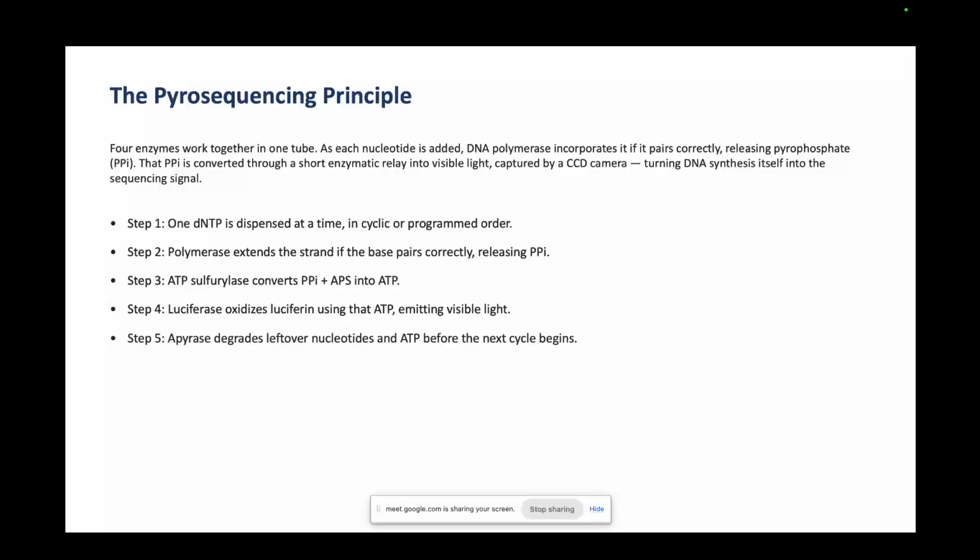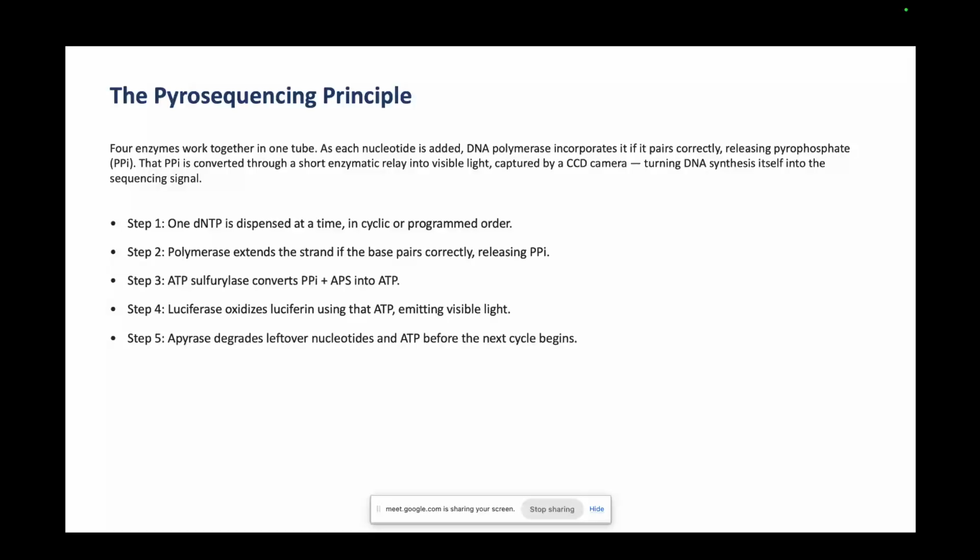So the principle of the pyrosequencing technique, as I was saying: at step one, you add only one dNTP at a time in a cyclical or programmed manner. In the next step, the polymerase will extend the strand if the base pairs correctly, and it will release a pyrophosphate. There will be ATP sulfurylase in the solution, and this pyrophosphate will bind to this APS, which will convert it into ATP.